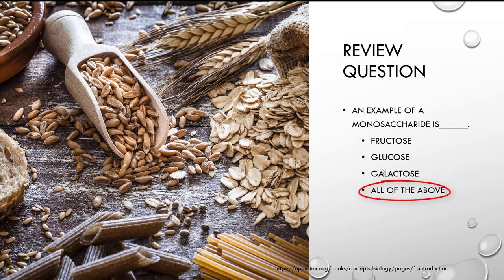Remember, they all have the same chemical formula: 6 carbons, 12 hydrogens, and 6 oxygens, just in a different structural format. And when we combine the fructose and the glucose in a dehydration synthesis reaction, we get sucrose, a disaccharide.